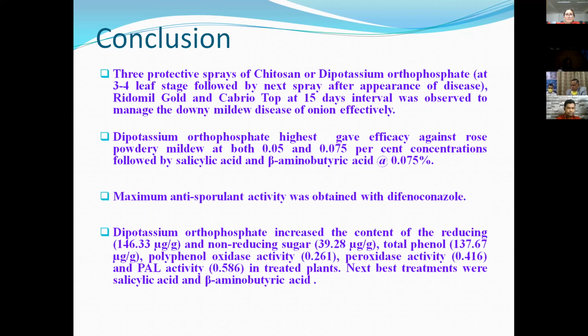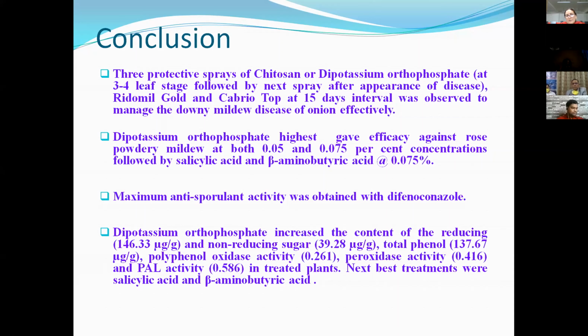A similar trend we have seen, but high doses are more effective in the case of salicylic acid and aminobutyric acid as compared to dipotassium orthophosphate, where both concentrations have equal effect, and maximum antisporulant activity was also observed in the fungicide, a new chemical now being used in the protection of roses against the powdery mildew pathogen, and all these biochemical parameters have increased in the case of dipotassium orthophosphate.